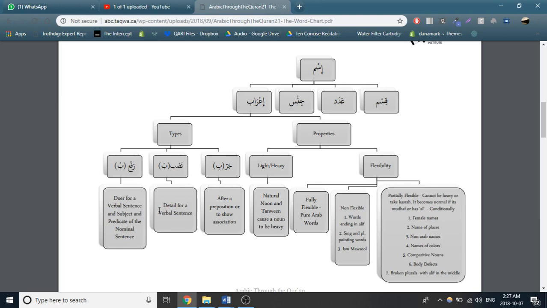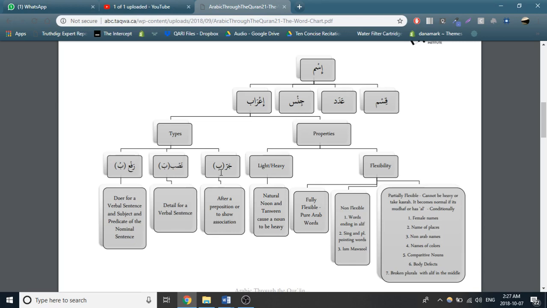Nasb is the detail for a verbal sentence, right? So it's the thing that is receiving the action or has some type of association to the action, right? And then jar occurs in 2 cases, and that's where it occurs after a harfu jar, right?